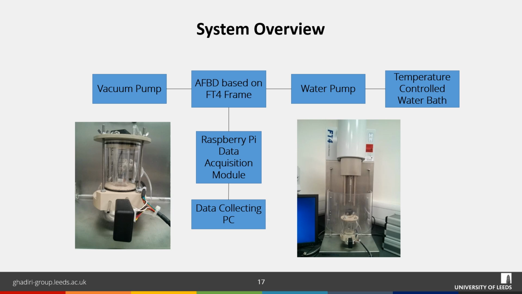Essentially, the new system will be connected to a vacuum pump for filtration, a water pump to circulate a hot fluid through the jacket vessel, and a water bath which regulates the temperatures of the circulating fluid. We also have a Raspberry Pi which acts as a data acquisition module, and it is connected to a computer for exchanging the data gathered from the sensors.